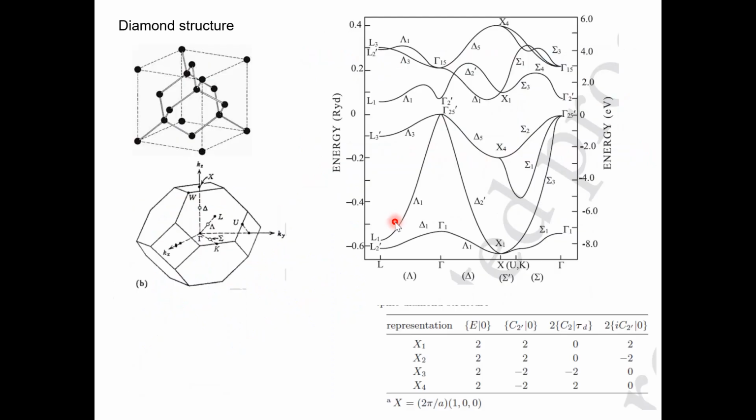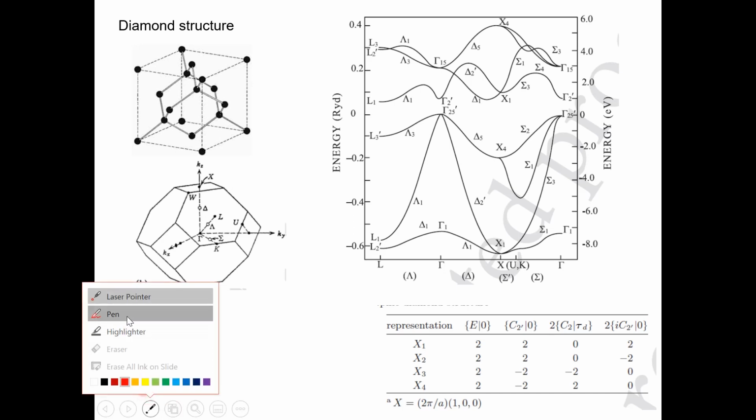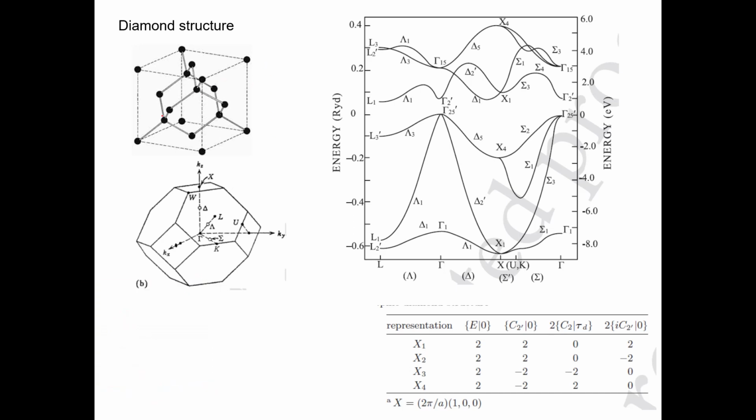And the other very famous example is the diamond structure. The diamond structure, as we have seen, is a non-symmorphic structure because some of the symmetry operations require translation by tau d, where tau d is a over 4 times (1, 1, 1).